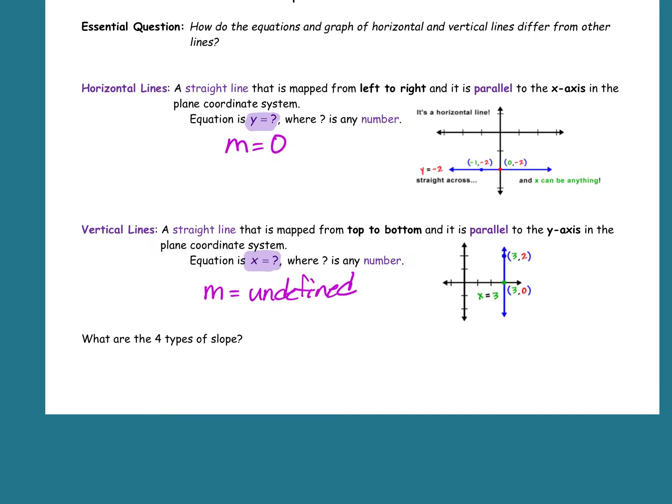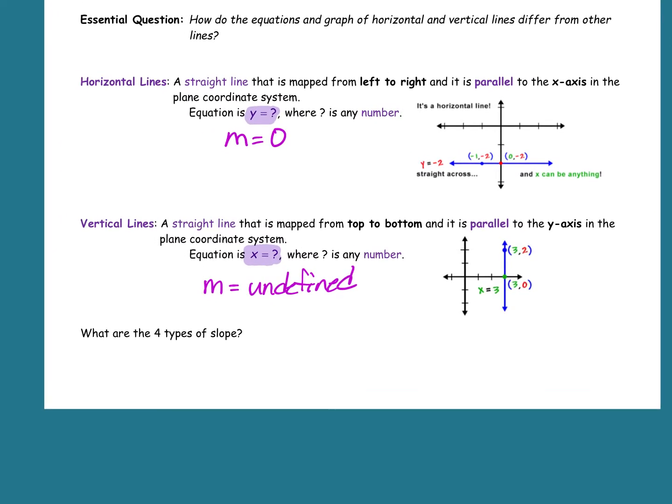Next, we talked about this last time in class. What are our 4 types of slope? Who remembers? There's 4 types of slope. You can look back, that's fine. Great. Positive, negative, 0, and undefined.